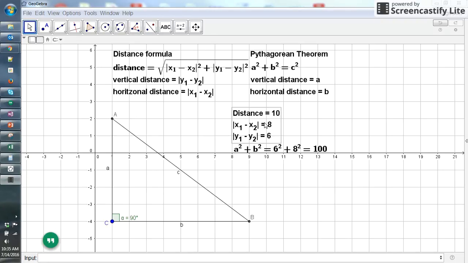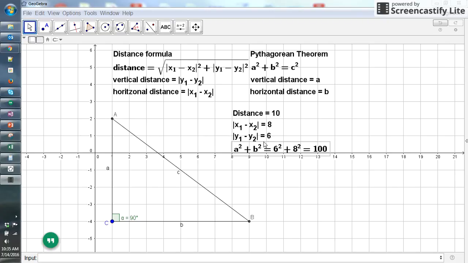So we want to keep these positive so everything's still making sense. But if I take the y coordinate here, which is 2, and I subtract this y coordinate, which is -4, so 2 minus -4, well, that's the same thing as 2 plus 4, because you're subtracting a negative. And 2 plus 4 equals 6. So see how it comes out to the same number?